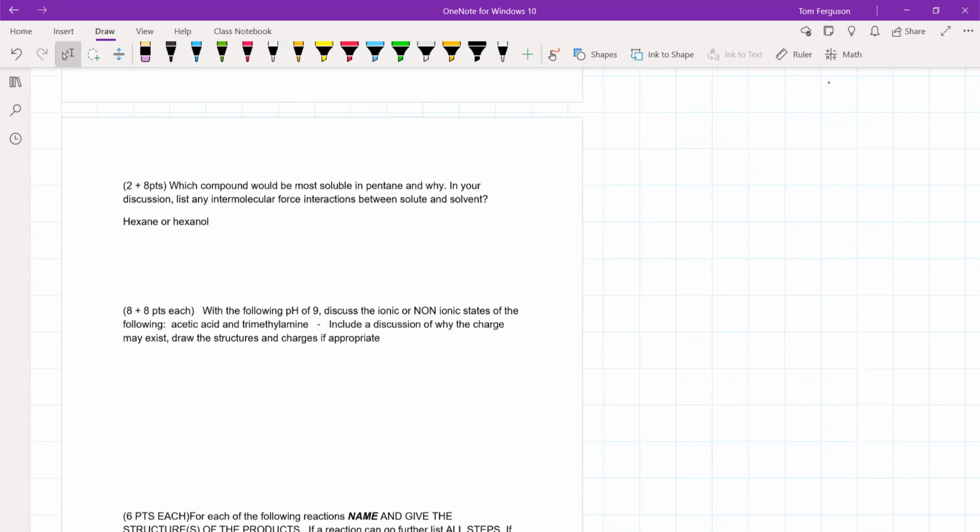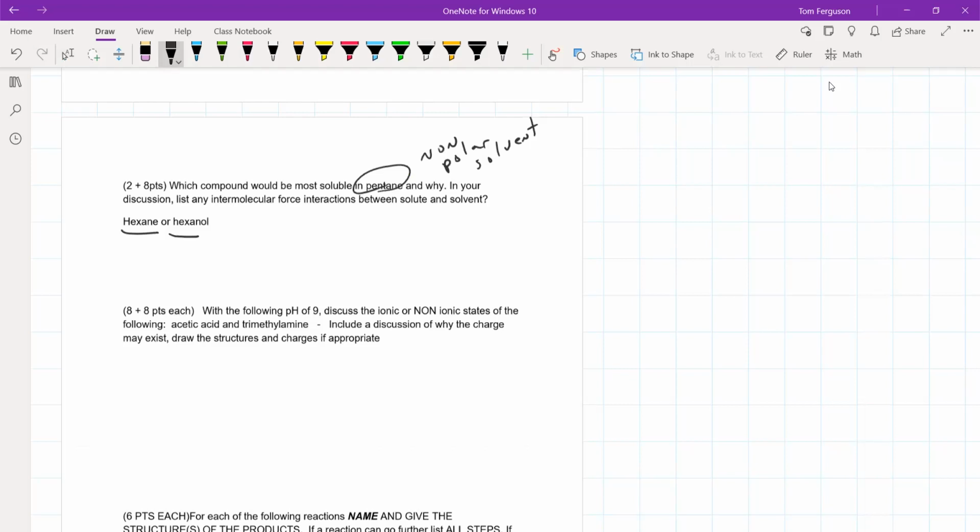Which compound will be most soluble in pentane and why? In your discussion, list any intermolecular forces interactions between the solute and solvent. Okay, so first of all, pentane is a very, very nonpolar solvent.